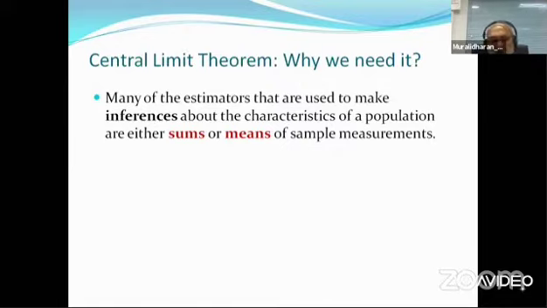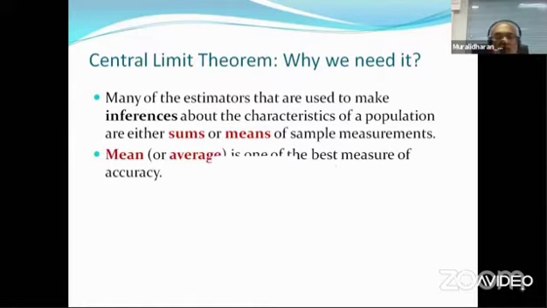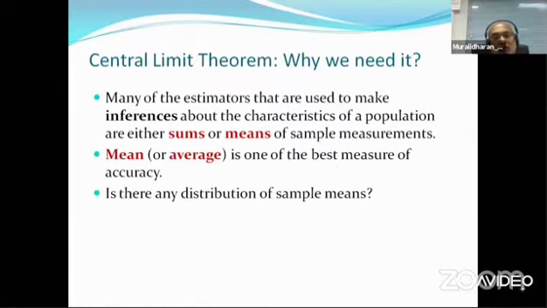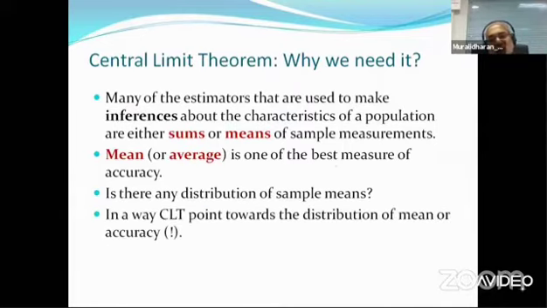So we are now through with one characteristic. Now the question is, how do we get the distribution of that? The mean, another name is average, is considered one of the best measures of accuracy. Now the question is, is there any distribution of sample means? That is what we are going to answer. So in a way, the central limit theorem points towards the distribution of accuracy.